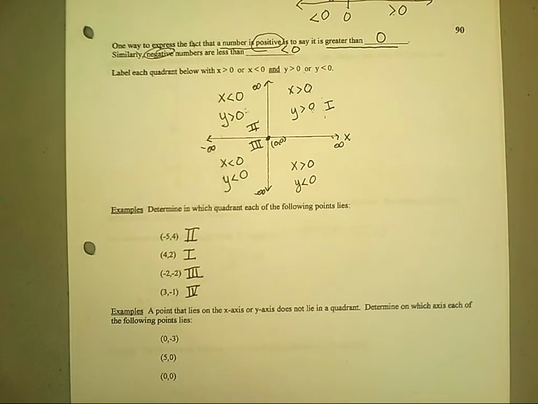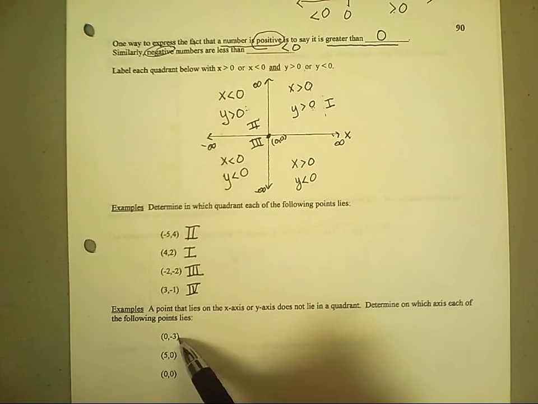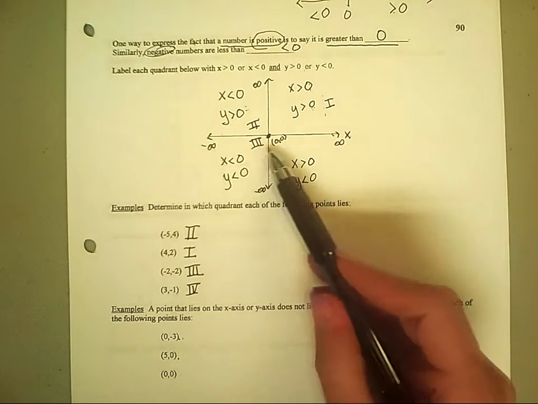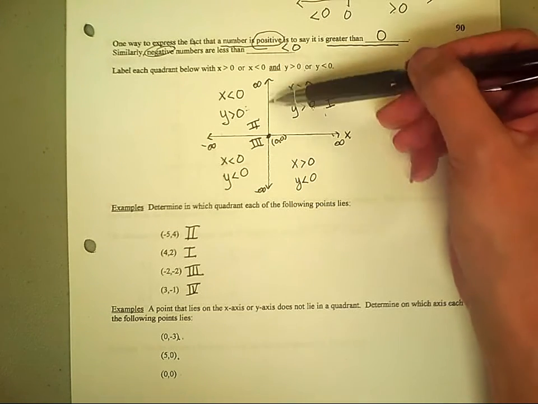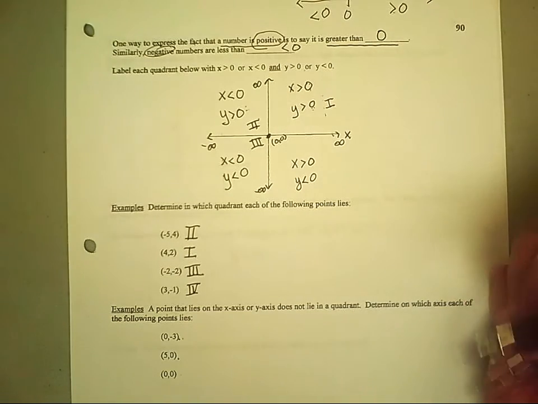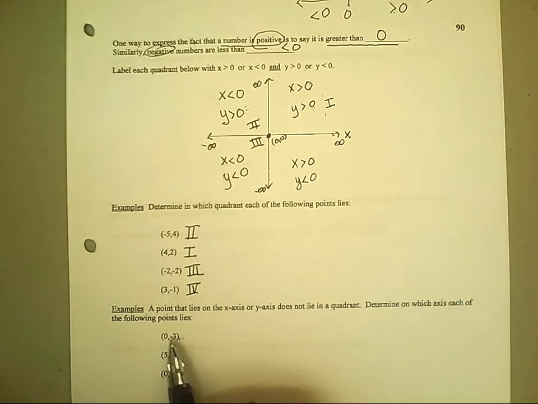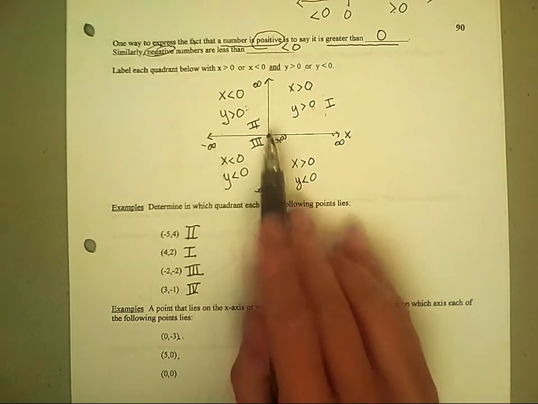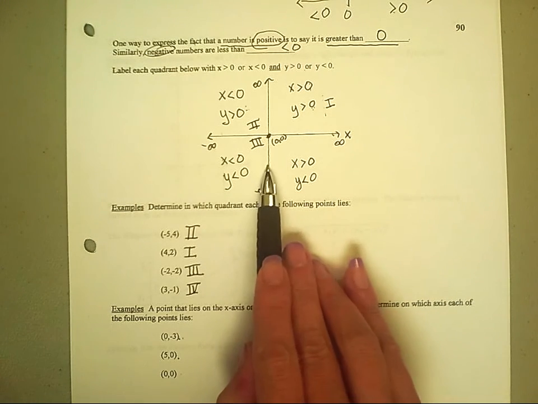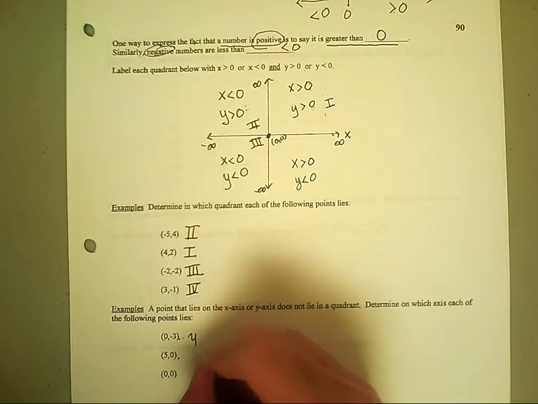Now remember that some points will not lie in the quadrants. If they lie on these axes, they are not in any of the quadrants. So if I've gone nowhere in the x, and then down 3, I must be on the y-axis.